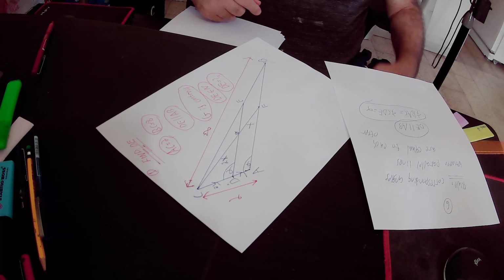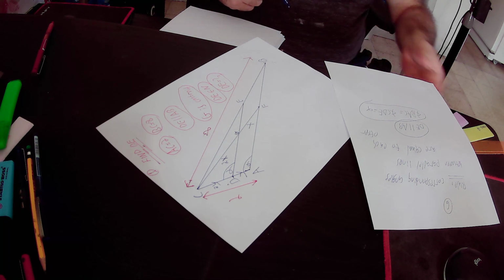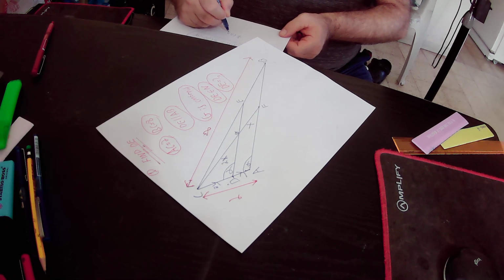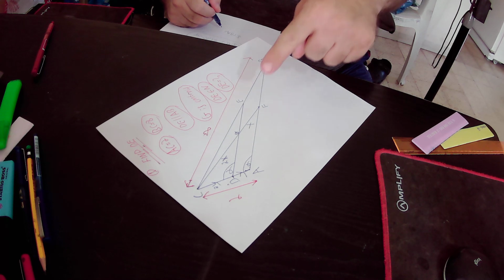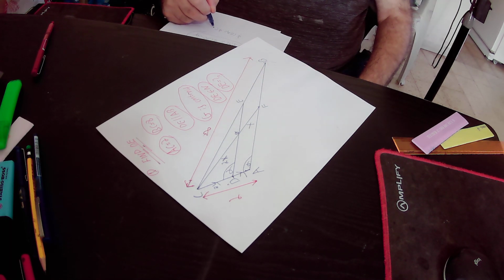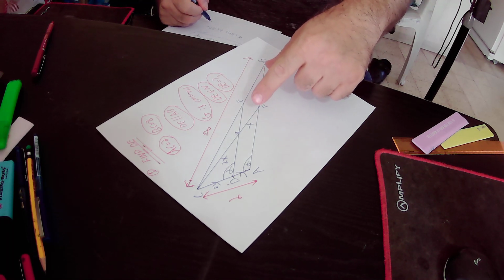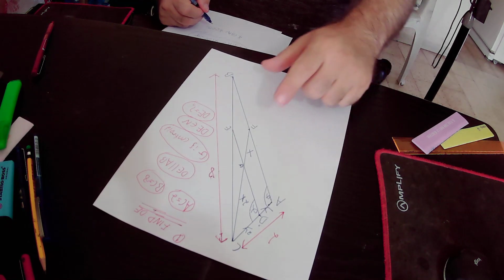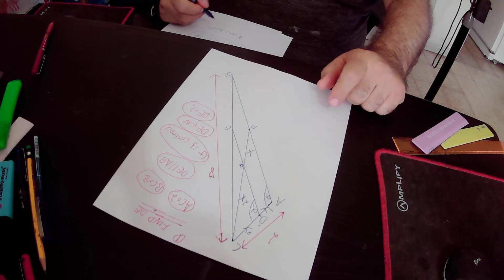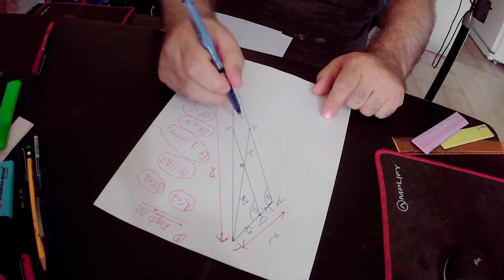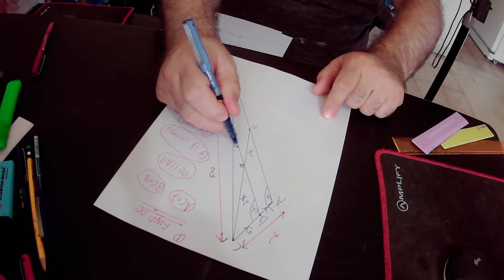That is to say, angle CBA will be equal to angle CED. Those two angles will be equal to each other, and if we define one angle as beta, then the other angle will also be equal to beta.